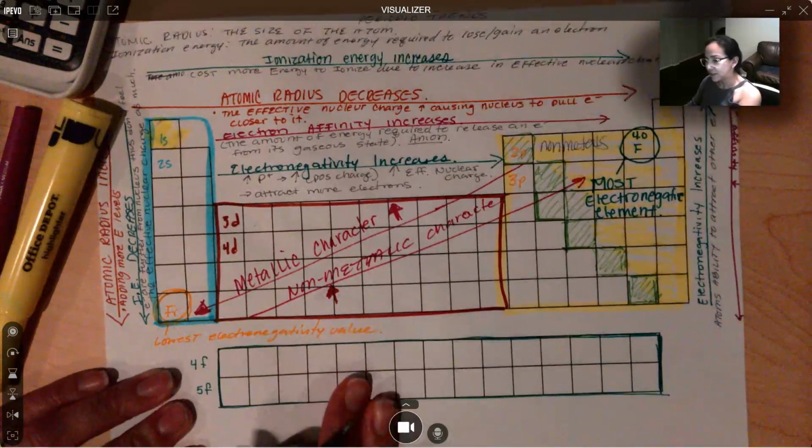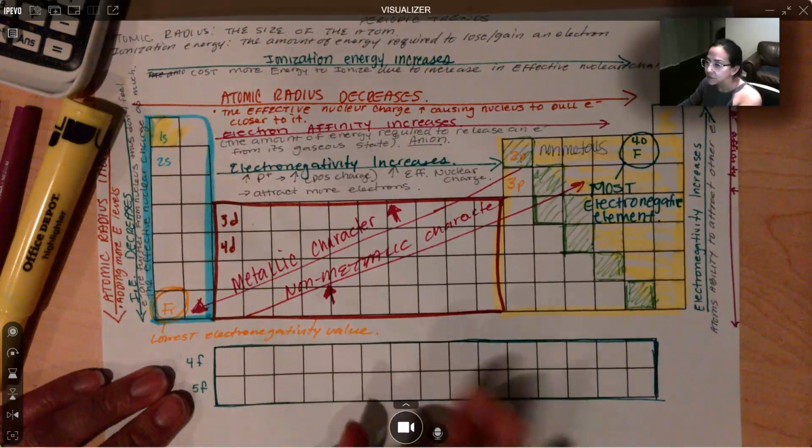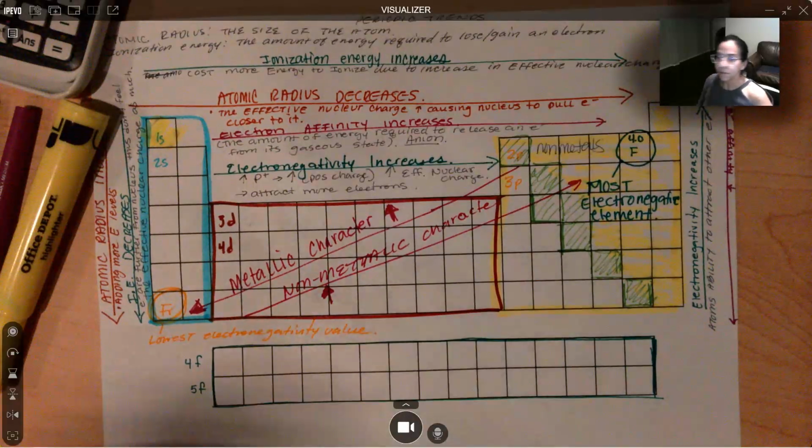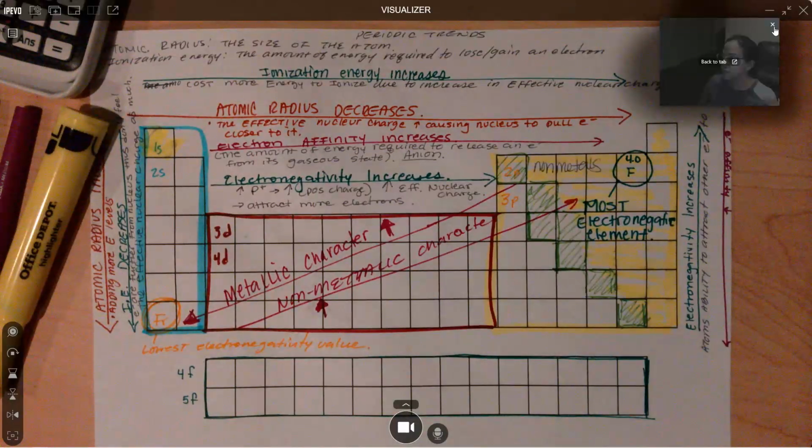That means everything else is a metal, including these ones right here. They're just more radioactive and man-made metals, but these are all metals. Okay. That is it for periodic trends.